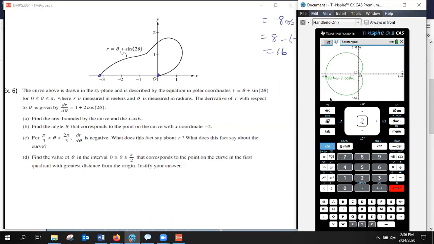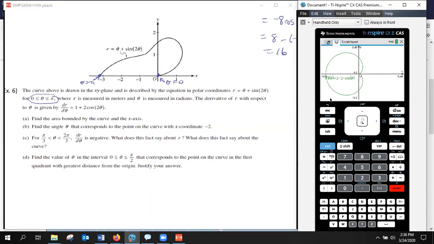And hopefully, common sense is going to dictate that this is most likely going to be theta equals 0. This is most likely going to be theta equals pi. We can verify that to say, where does, actually, we're told that going from 0 to pi. That makes life easier.